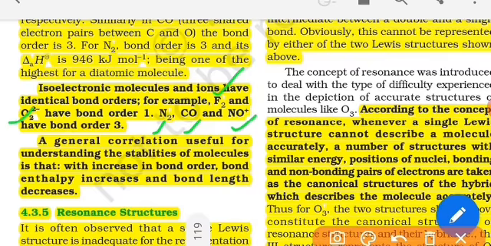A general correlation is useful for understanding the stabilities of molecules, in that with increase in bond order, bond enthalpy increases and bond length decreases. So we can say that more is the bond order, more is bond enthalpy, and lesser is bond length.